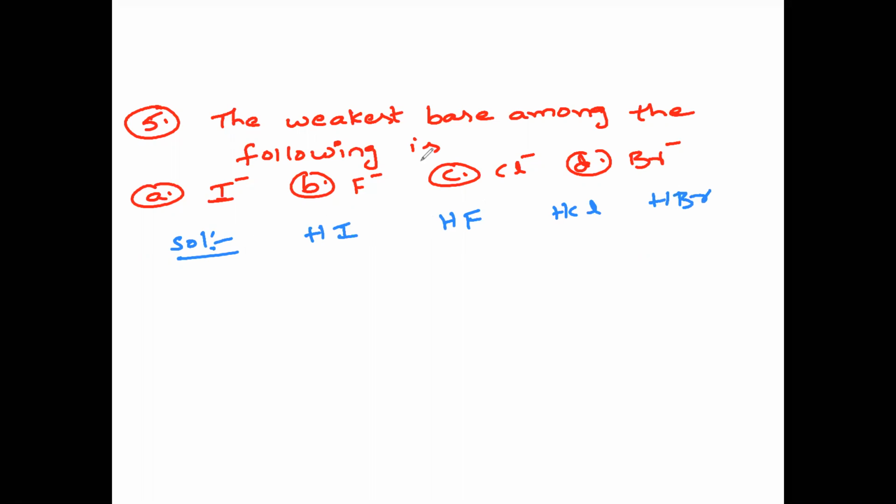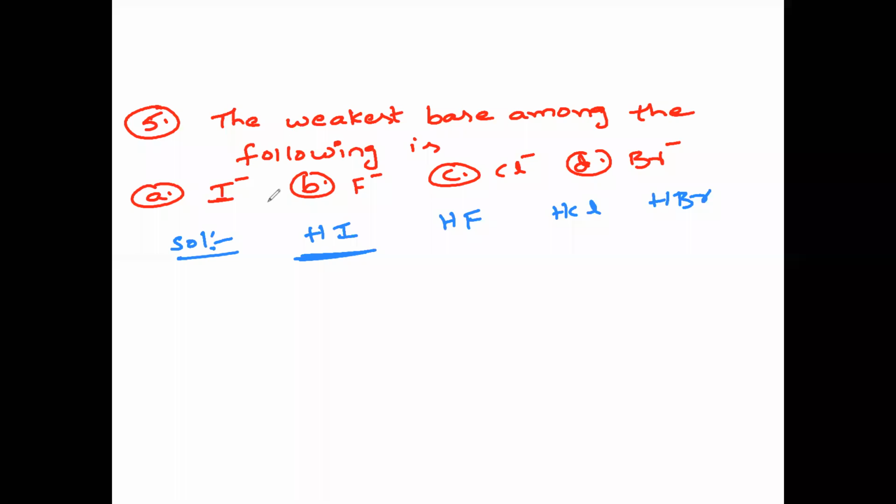Among the following, which is the weakest base? Strongest acid becomes weakest base. So the strongest acid is hydrogen iodide. Its conjugate base will be weak. So what is the conjugate base of hydrogen iodide? Conjugate base of hydrogen iodide means remove H plus ion. So again, I'll write here clearly so that you can understand better.